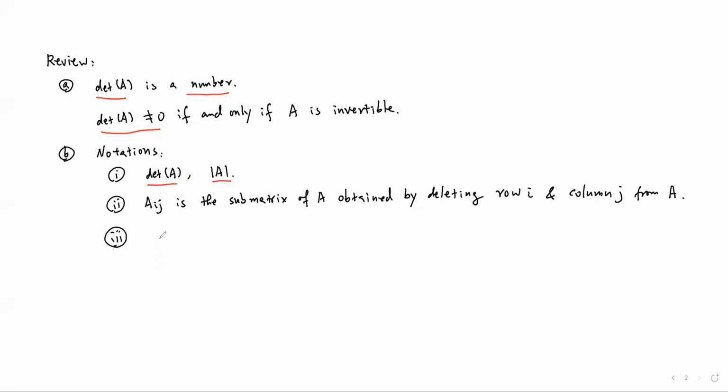The third notation is Cij. Cij is a number, not a matrix. This number is (-1) to the power i plus j, times the determinant of capital Aij. Determinant is a number, so this is a number.